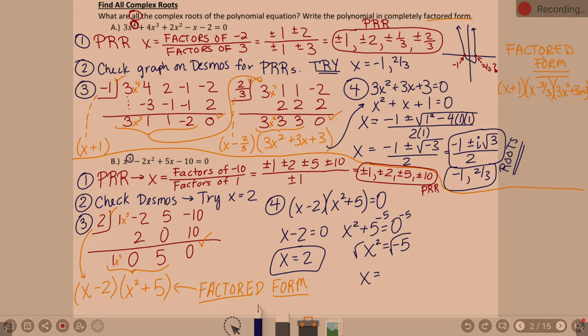Plus or minus. When we take a square root in the equation setting, don't forget plus or minus. Square root of a negative means we're going to have an i. Square root of 5, I can't do, so I'm going to leave it as square root of 5.